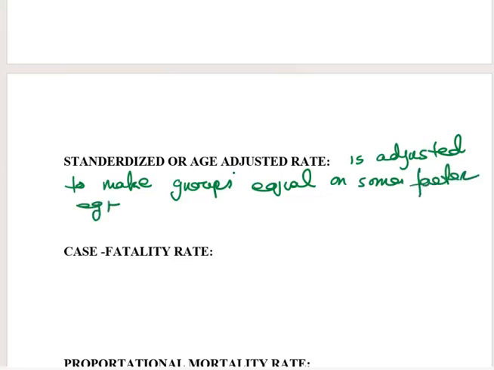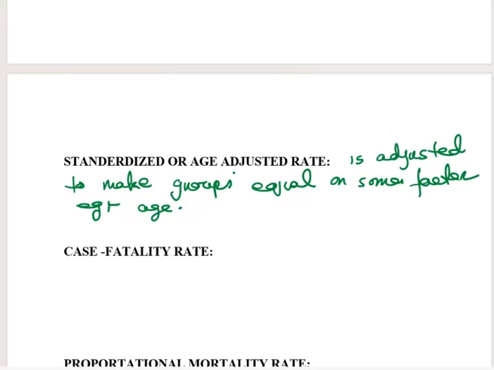Example, age. We know that various populations have different age distributions. So if we want to compare two populations, like population A and B, we have to make sure the difference we found in the result is not due to a confounding factor, for example, difference in the age distribution.